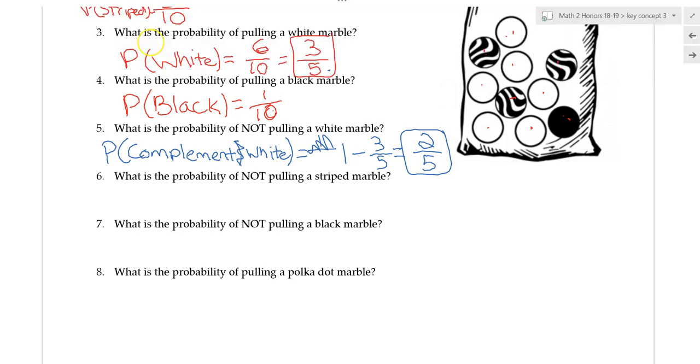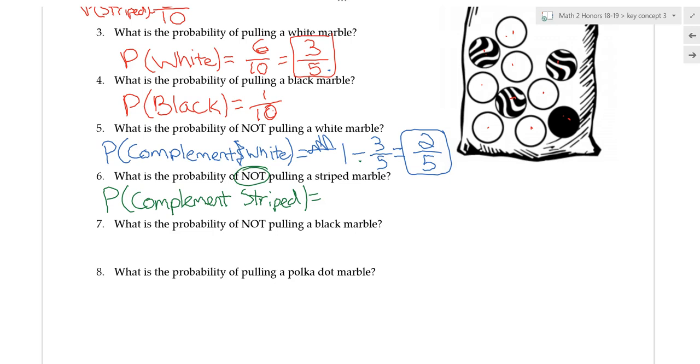However, if there's a question like this just as a random question in a test, you might not already know that that's 3/5, so that actually might be more work. If we look at our 6, the probability of the complement of stripes. Well, what does the complement mean? Again, it's not pulling a striped marble.